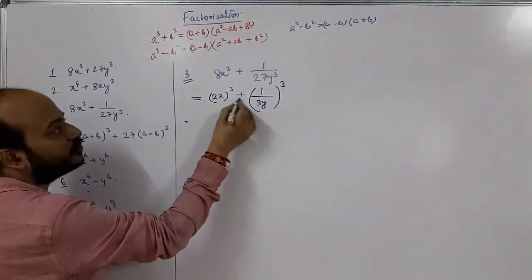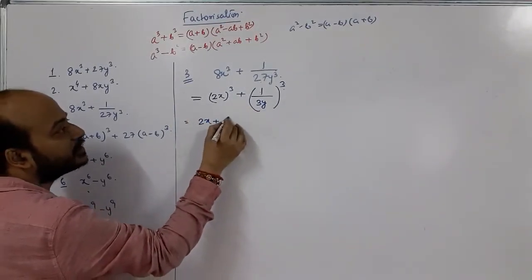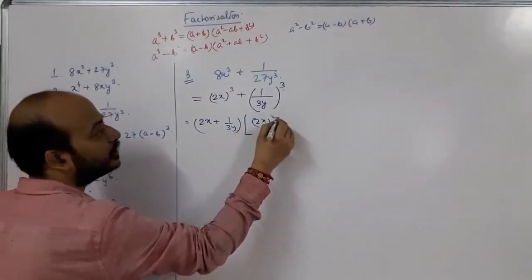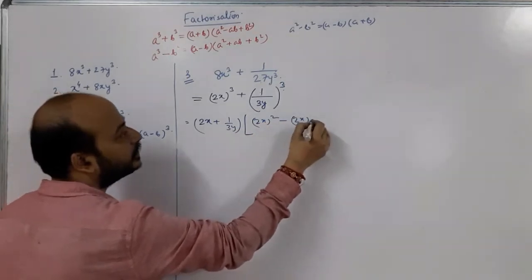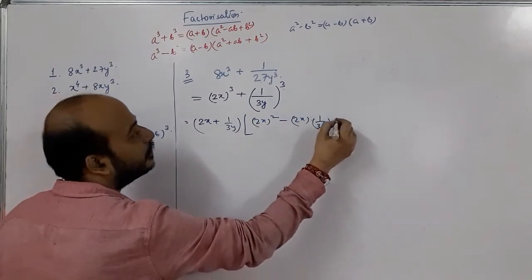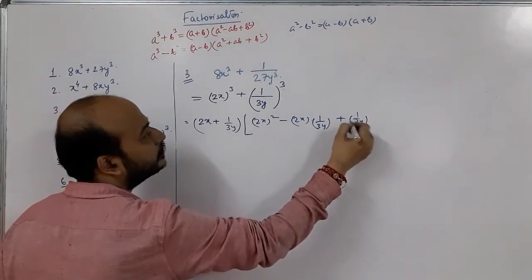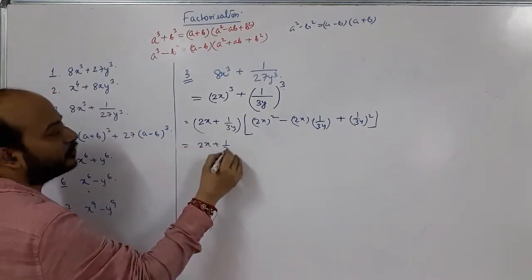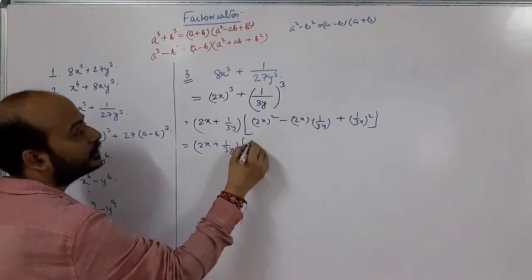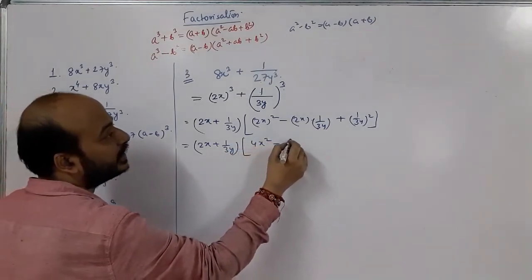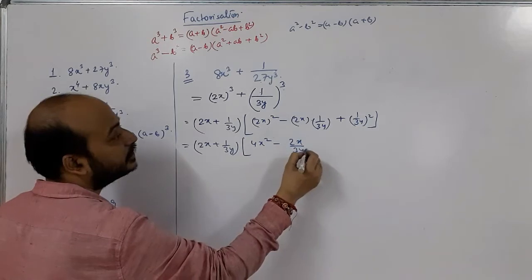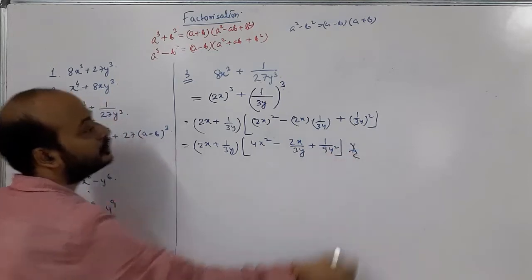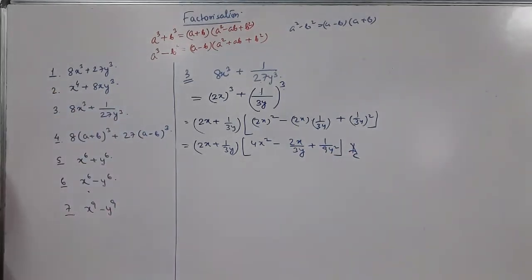The formula is a cube plus b cube is a plus b and then a square minus ab plus b square. Okay, simple. So again 2x plus 1 by 3y, I get here 4x square minus 2x by 3y plus 1 by 9y square. So that is my answer. Okay, understand?